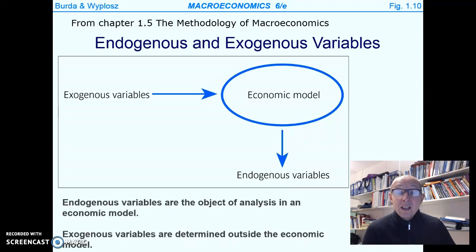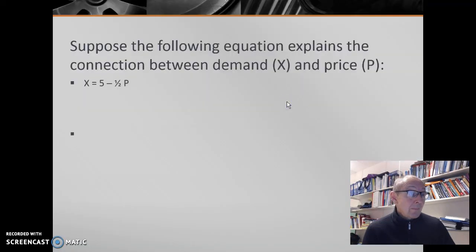Let us look at an example taken from math. As you see here, suppose the following equation explains the connection between demand X and price P. So, as mathematicians, we would say that P is the independent and X is the dependent variable.